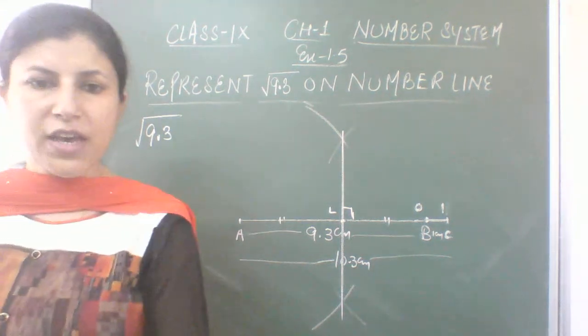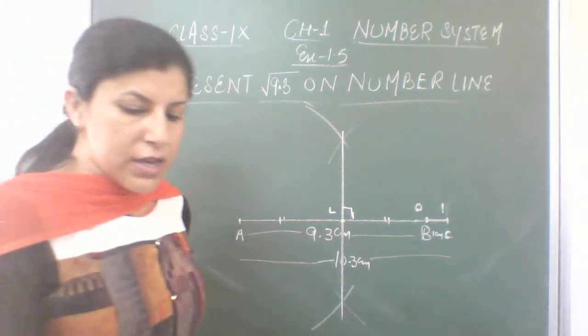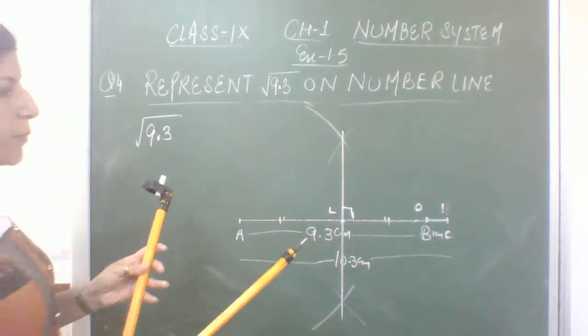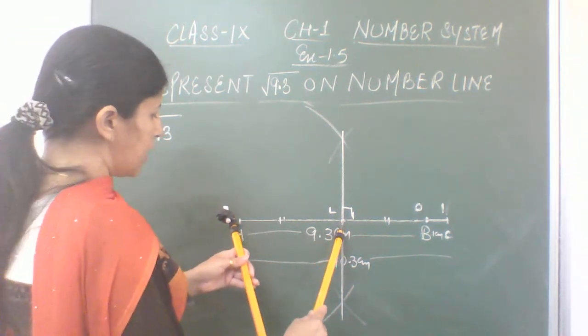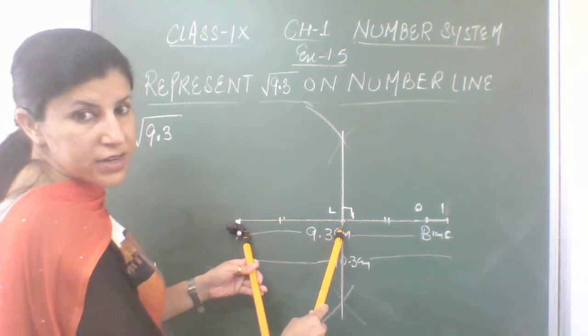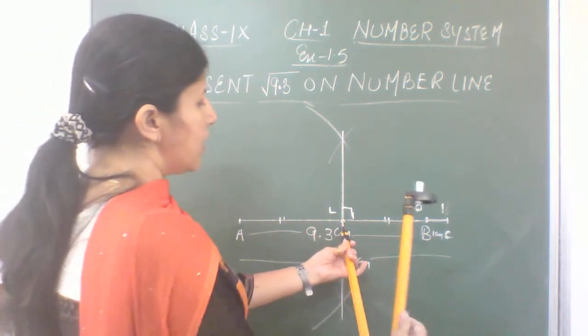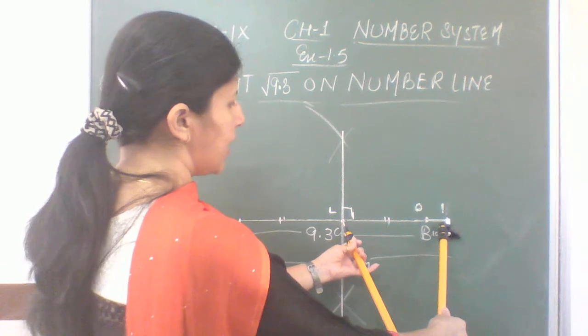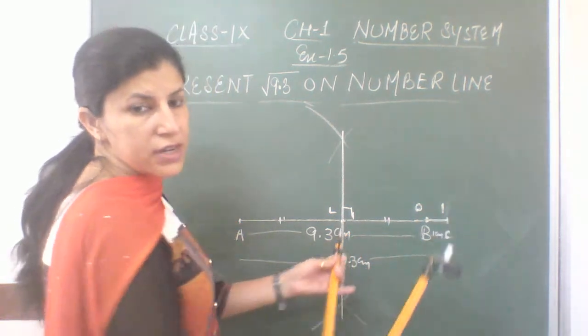Now what next we have to do? Again take your compass, place it at L and open it up to a radius of AL, or you can say LC, because AL and LC are both of the same length.